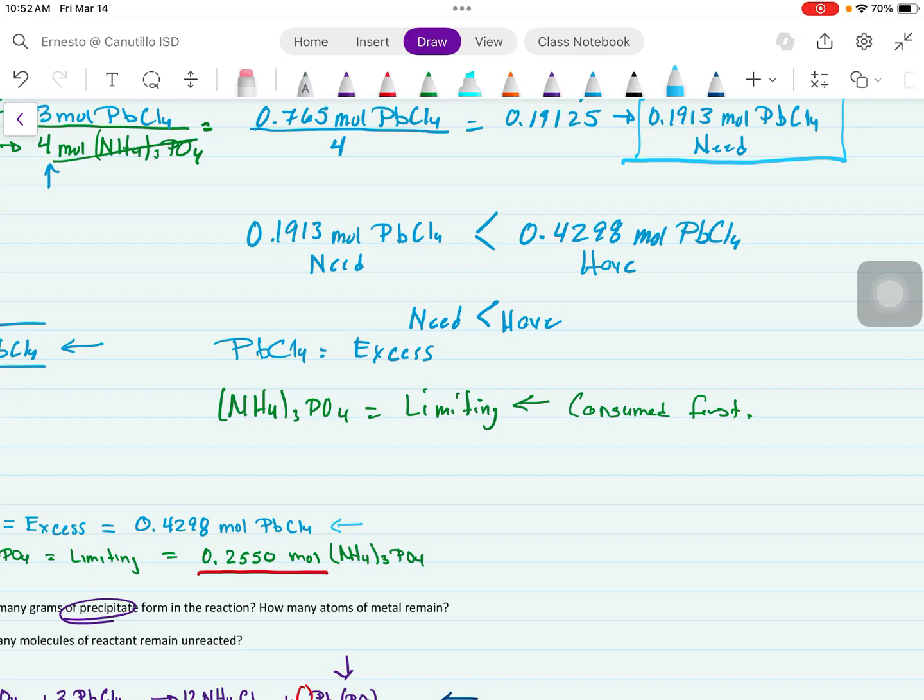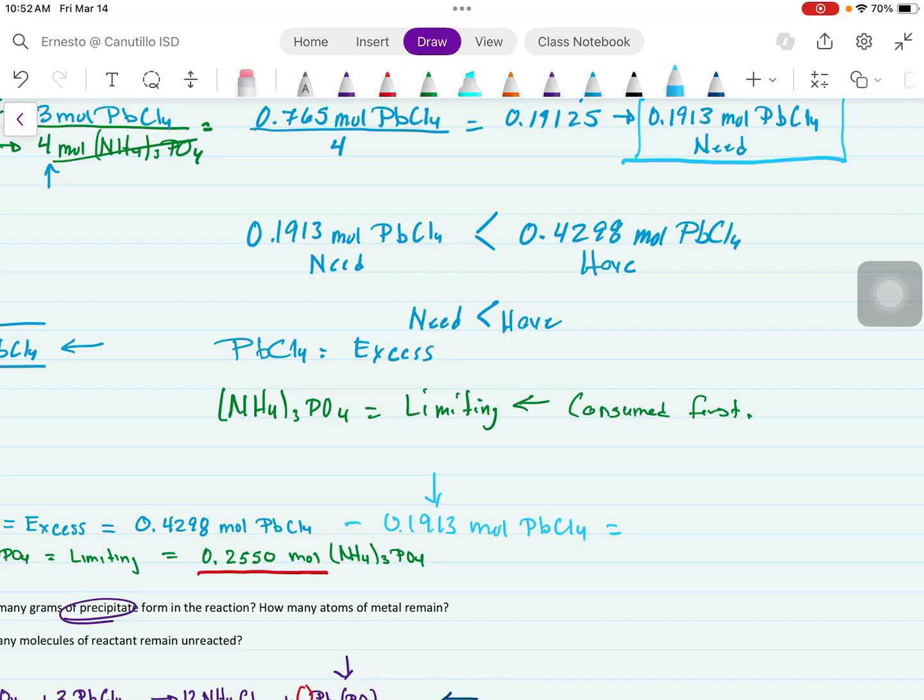If I have 0.4298 moles of lead 4 chloride, let me erase real quick, and I'm going to need 0.1913 moles of lead 4 chloride, if I take that difference, then I can figure out how much remains unreacted, because this is the amount the reaction is going to use.